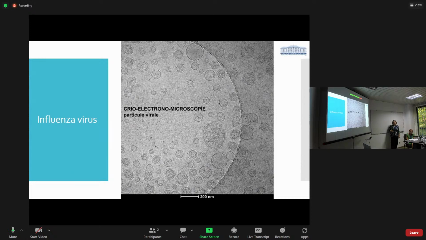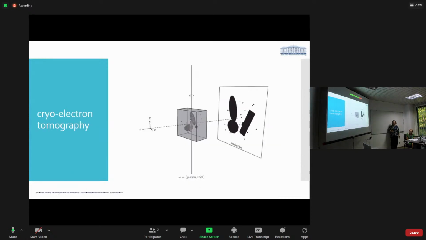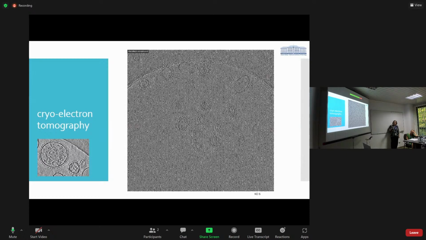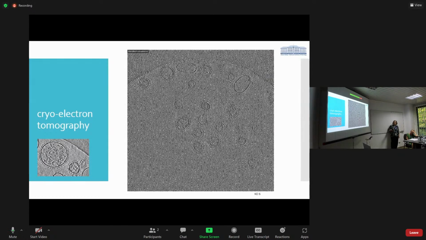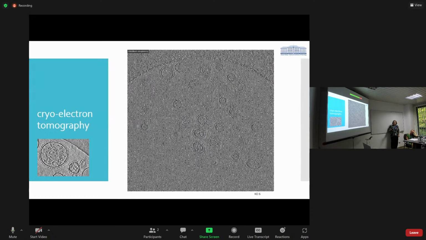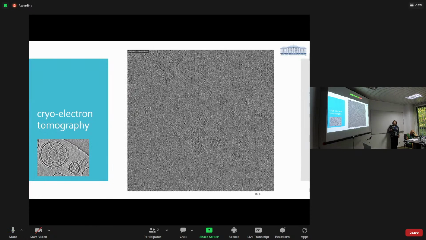So we decided to do electron tomography, cryo-electron tomography. This involved to tilt the grid inside the microscope and acquire serial images, reconstruct the volume. And this is one of the tomographies, and you can see entire particle in the volume reconstructed.